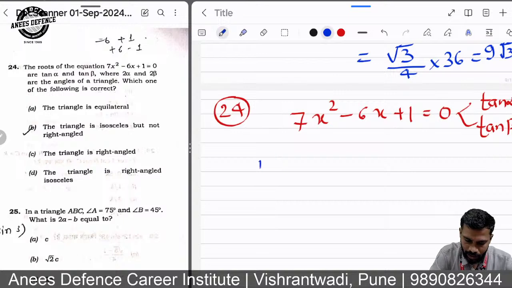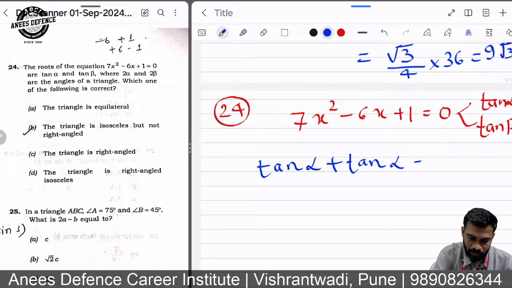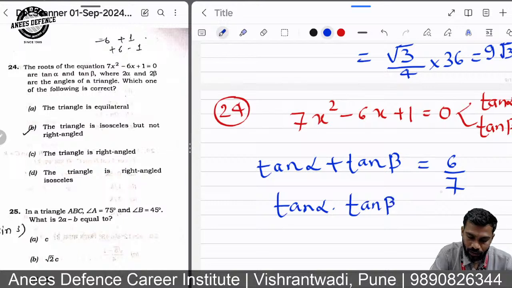So I can directly write tan alpha plus tan beta is equal to 6 by 7, which is minus b by a, and tan alpha into tan beta is equal to 1 by 7.